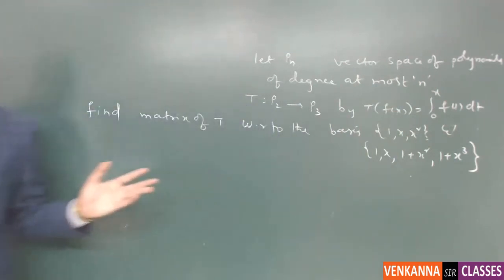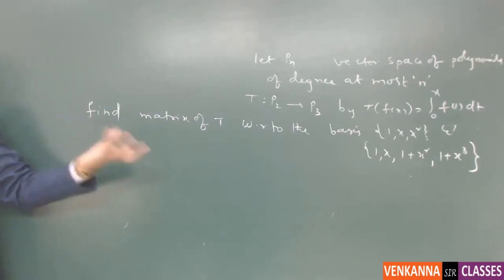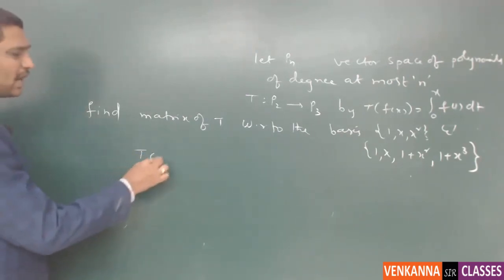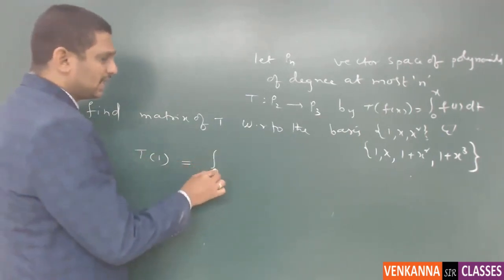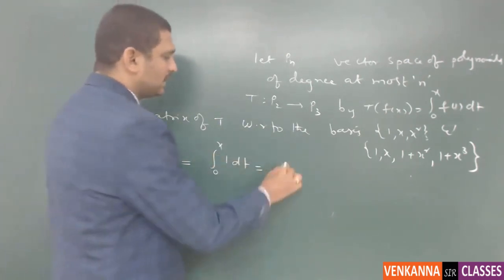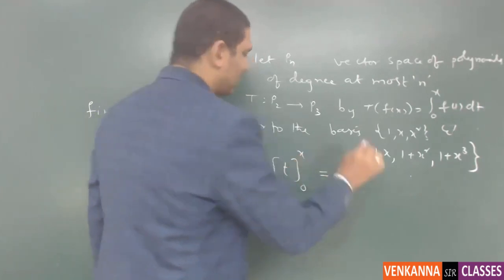So as usual, in order to get the images for the domain values, we should apply T. So let us consider T of 1. It is nothing but integral 0 to x 1 dt, nothing but t between the limits 0 to x. So the value is nothing but x.